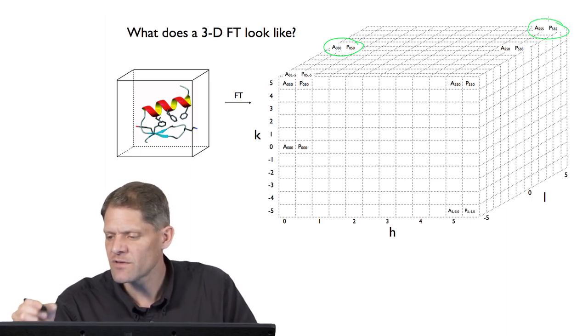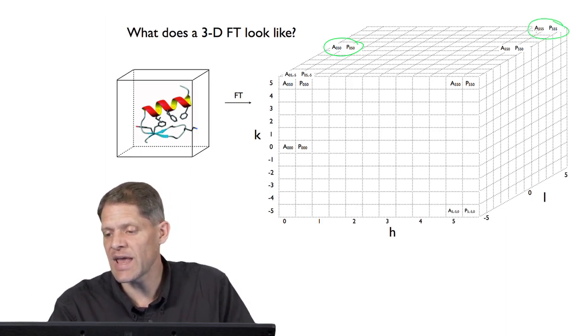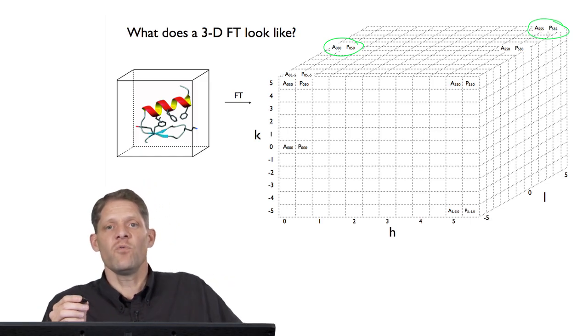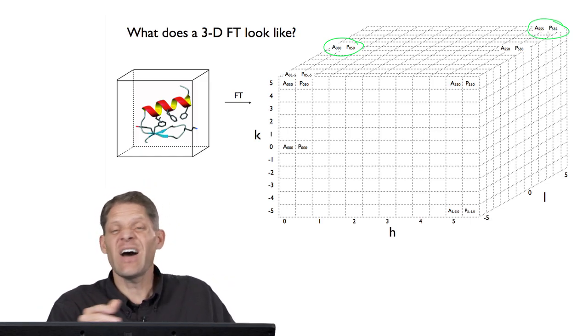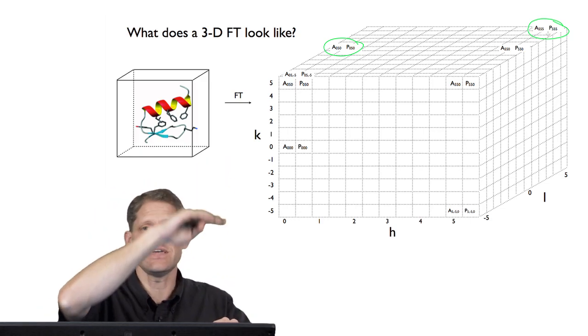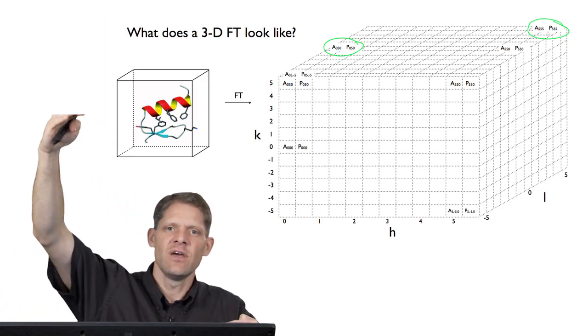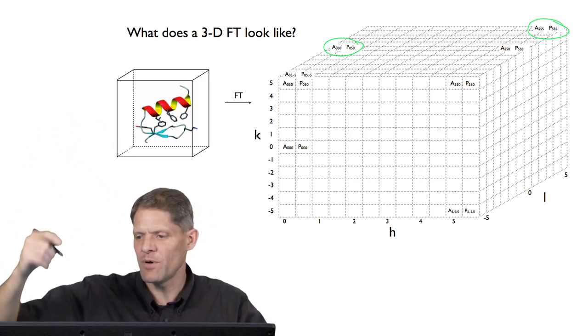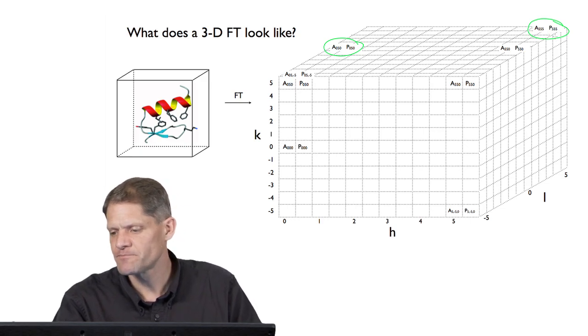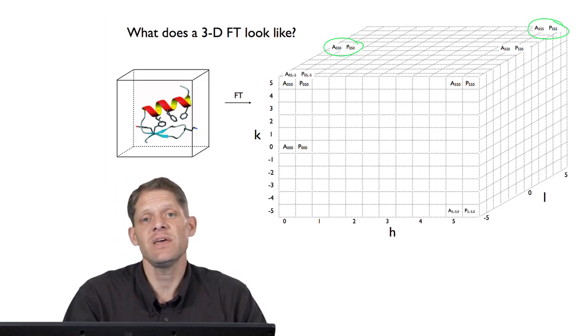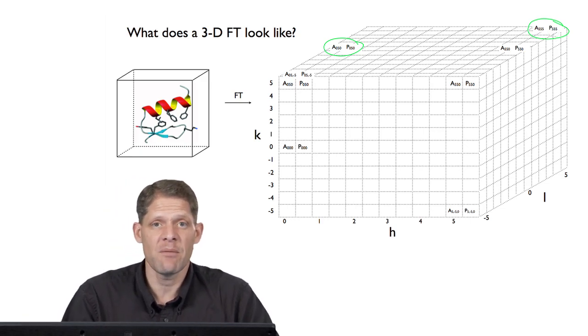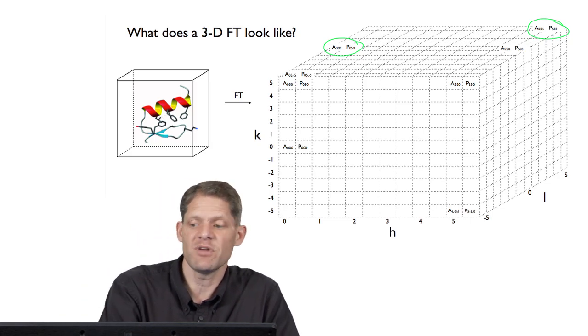Meanwhile, these 2 pixels represent the amplitude and phase of the wave that oscillates across the box 5 times in x, y, and z. So it passes diagonally across from the origin to the upper right corner of the cube. This is the most rapidly oscillating Fourier component present in this image.